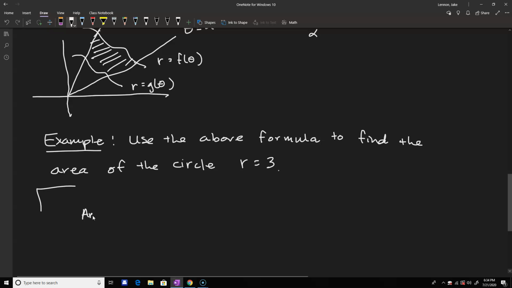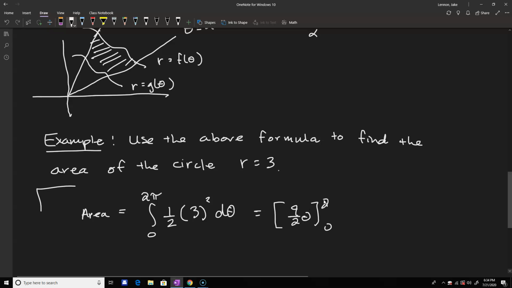The area is the integral from 0 to 2 pi of 1/2 times f of theta, which in this case is 3, squared, d theta. So we end up with 9/2. The antiderivative of 9/2 is 9/2 theta, and integrating from 0 to 2 pi, we get exactly 9 pi, which is the correct answer from the geometry formula. So this formula is working.